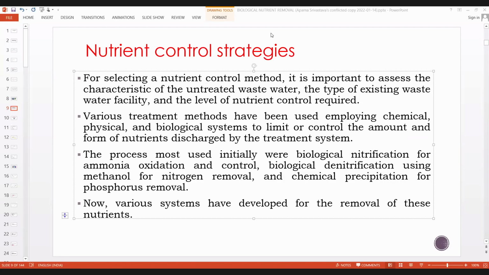Okay, so when we are talking about organic nitrogen, what is organic nitrogen? Anybody can tell what is organic nitrogen?